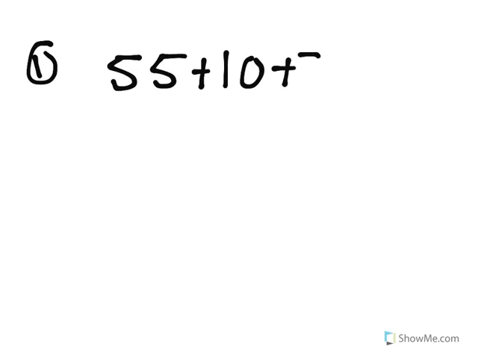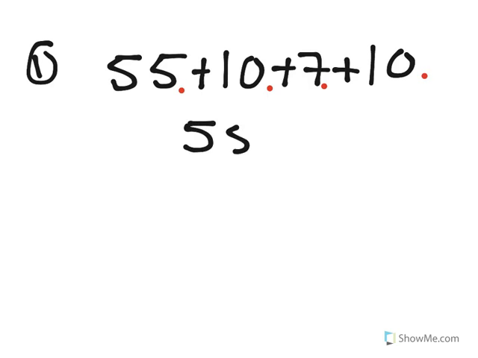So number 1 was an adding problem. It said 55 plus 10 plus 7 plus 10. First thing I like to do always is put a decimal behind them and go ahead and line up my decimals. That's one of the things I always like to do.